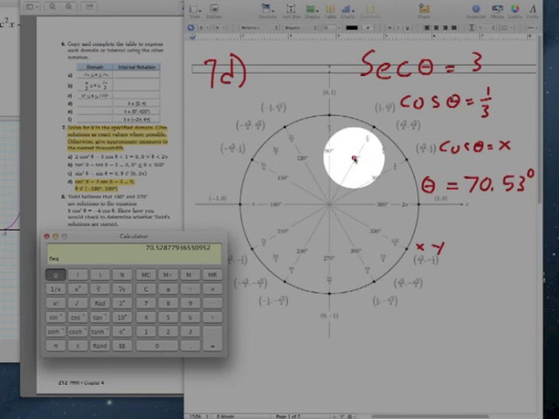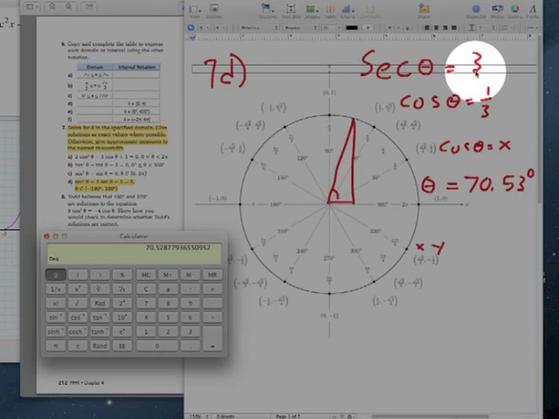So 70.53 degrees is greater than 60 and less than 90, so this is up here somewhere. We're talking about this triangle here. So this would be 70.53 degrees.